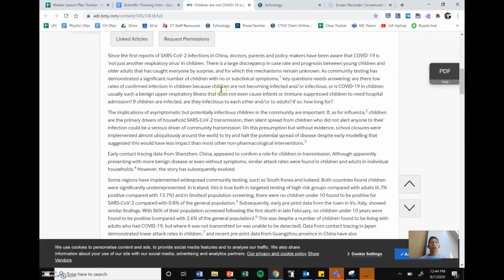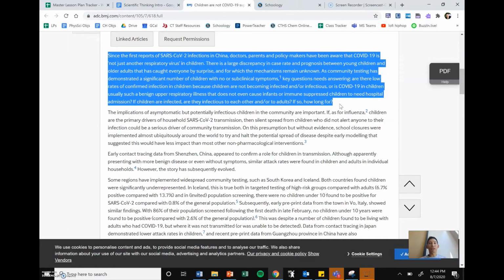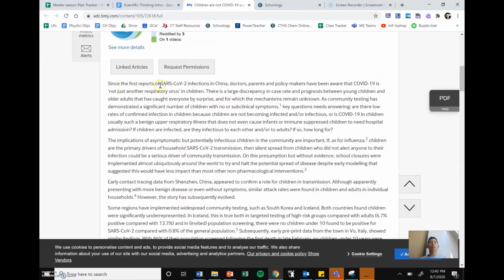Let's take a look. In this article, I'm going to read the first paragraph. Since the first reports of SARS-CoV-2 infections in China, doctors, parents, and policymakers have been aware that COVID-19 is not just another respiratory virus in children. There is a large discrepancy in case rate and prognosis between young children and older adults that has caught everyone by surprise, and for which the mechanisms remain unknown. As community testing has demonstrated a significant number of children with no or subclinical symptoms, key questions need answering.